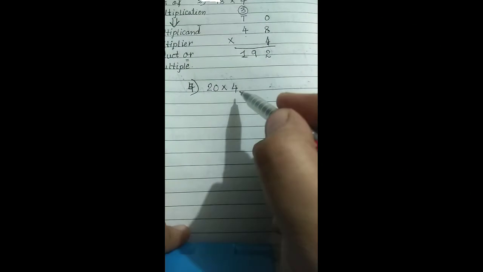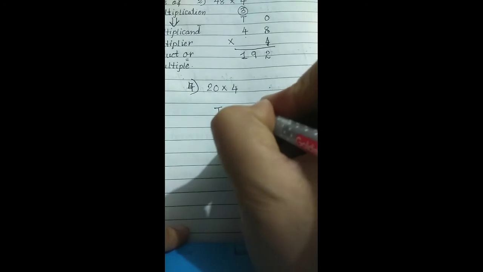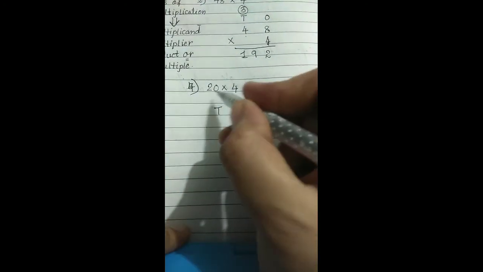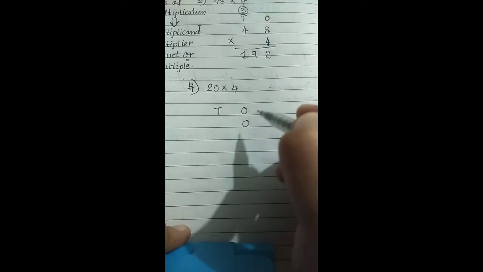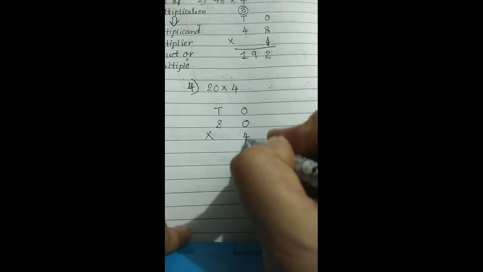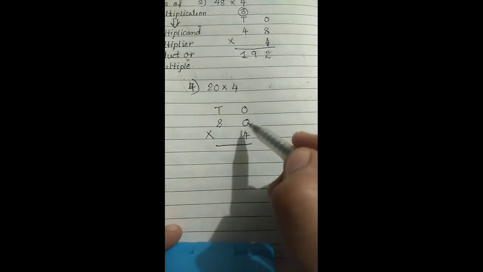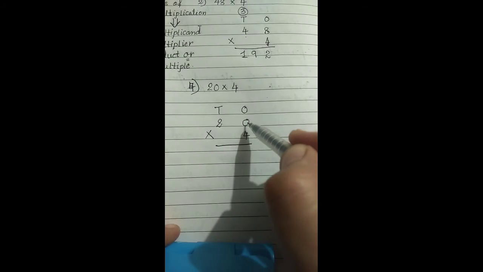Number 4 is 20 multiplied with 4. So again write down tens, ones, starting from 20, 0 on ones, 2 on tens, put the multiplication sign, write 4 on ones place. Okay, let's take the solution. First what we have to multiply?